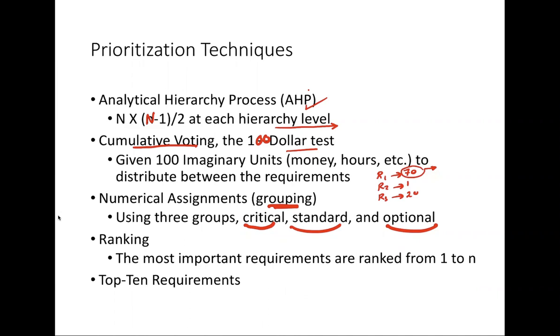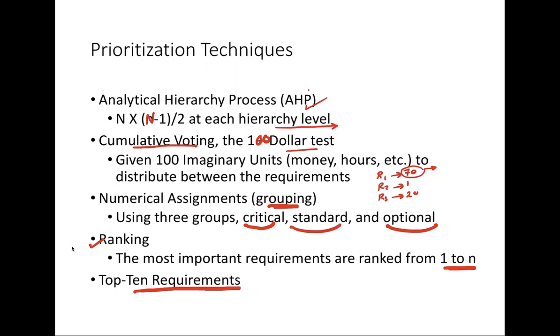Another way is ranking, where you give each requirement a number from 1 to n, so you are not working on clusters. Or you might return just the top 10 requirements, and say, I'm not going to return the entire set of requirements, I just want the top 10.